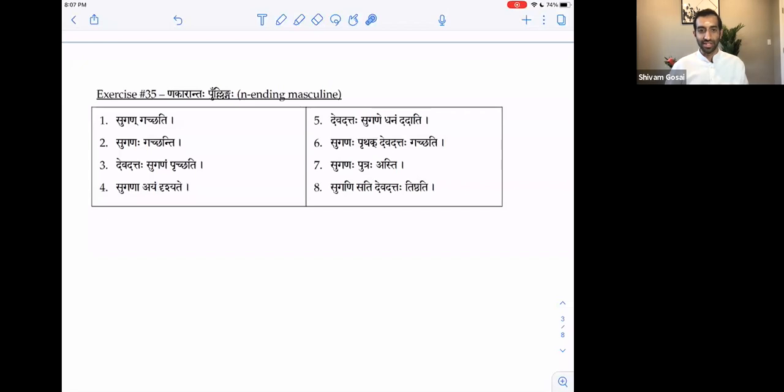Now the homework is going to be exercise 35 in the last part of the book. So exercise 35 is page 183. It looks like this. So pretty simple sentences you'll see here.